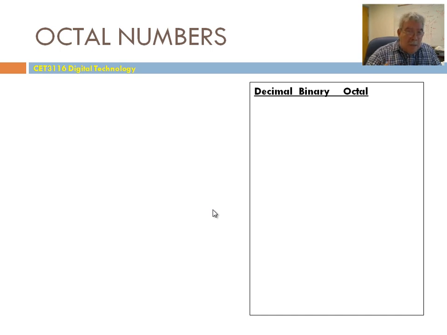If you have any big binary number, all you need to do is divide into groups of 4, starting from the right towards the left. And this is the way, as we're going to see, how we convert from binary to hexadecimal.